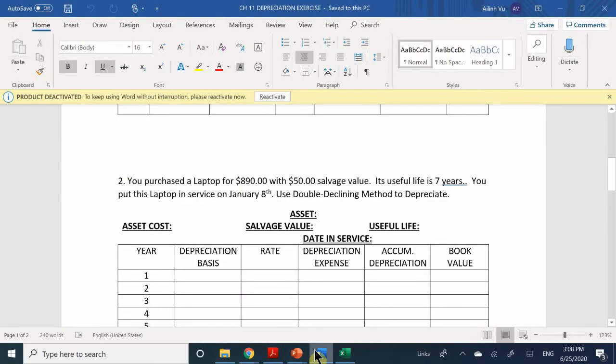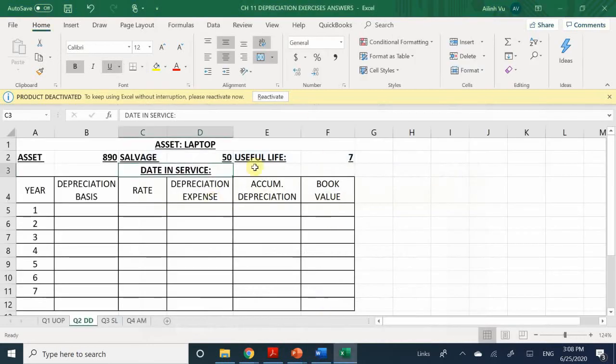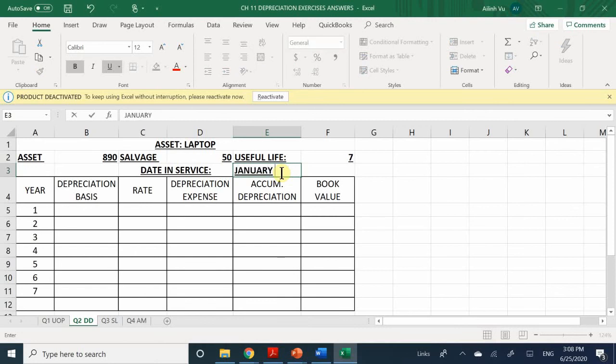January 8th. Yes, January 8th is when I put this asset into service. So what do I know from that? You depreciate for the whole year. Yes, you depreciate for every single month for 12 months. You're going to do it for the whole year.